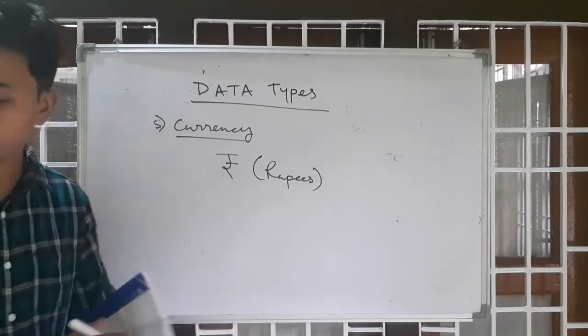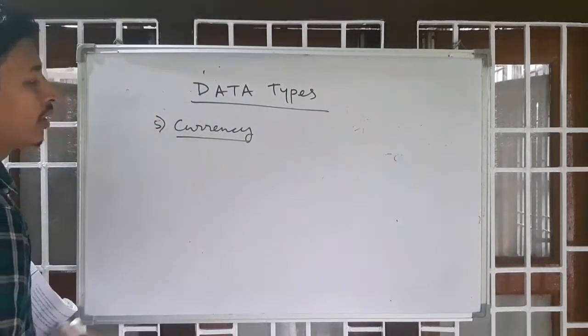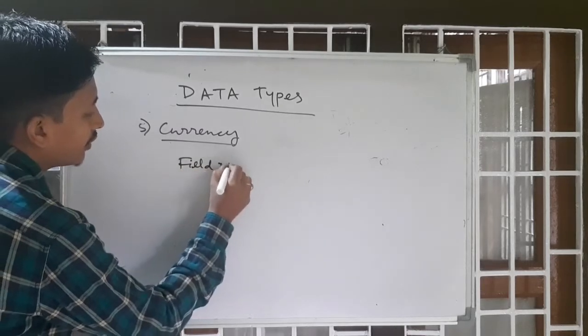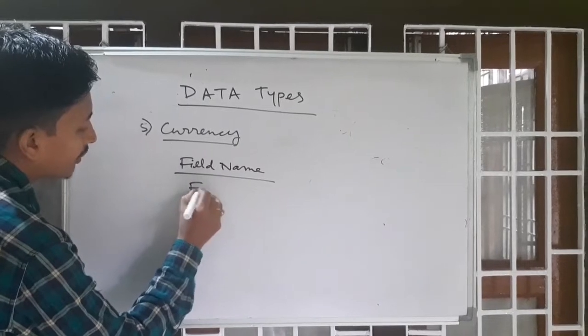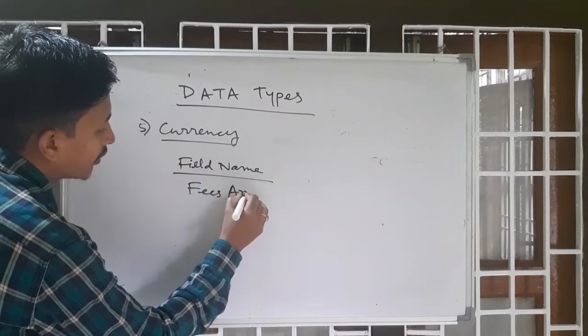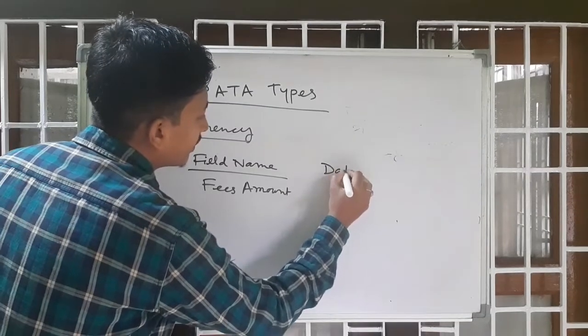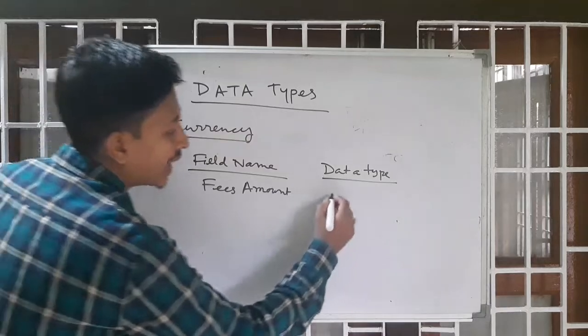Okay? For example, a field contains the amount of fees. Field name is the fees amount, and the data type should be currency.